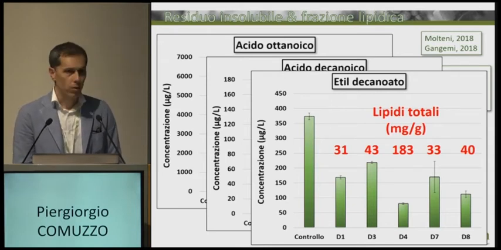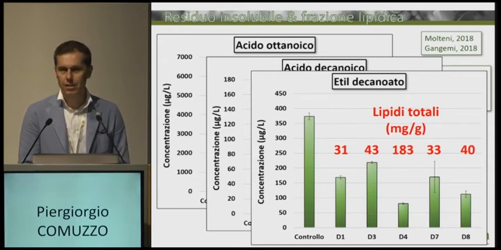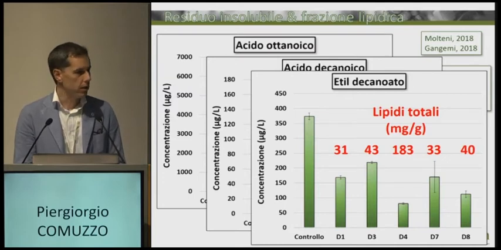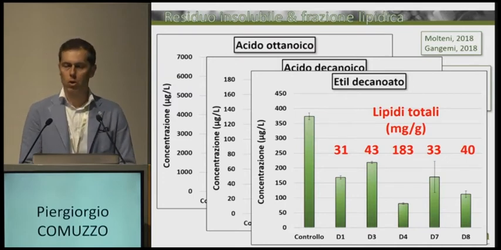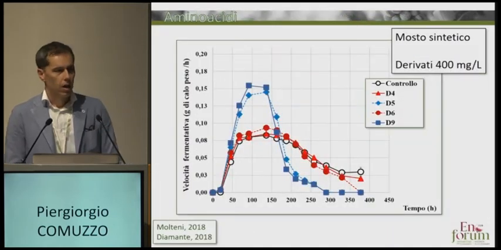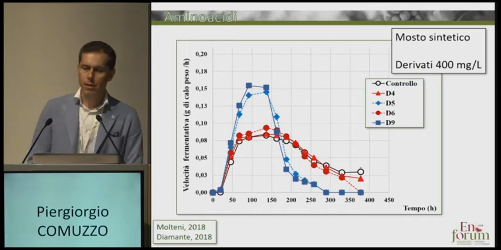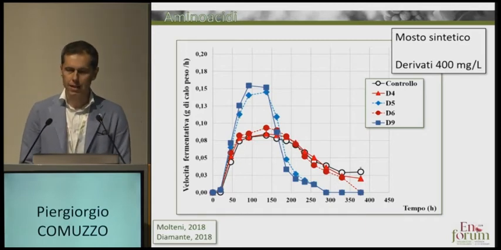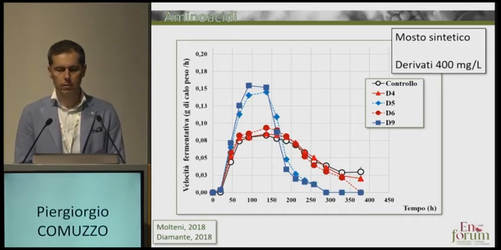This is why those compounds are retained. Beware of addition in large quantities and in a late phase of those products that have many lipids and a high soluble content.